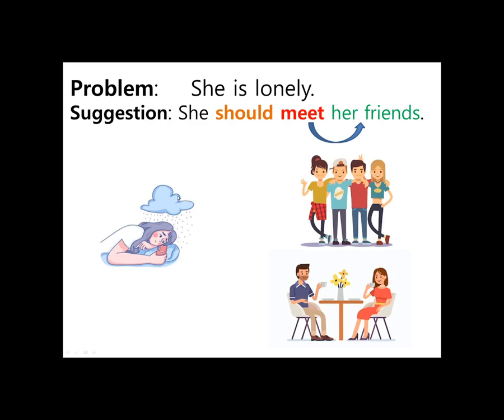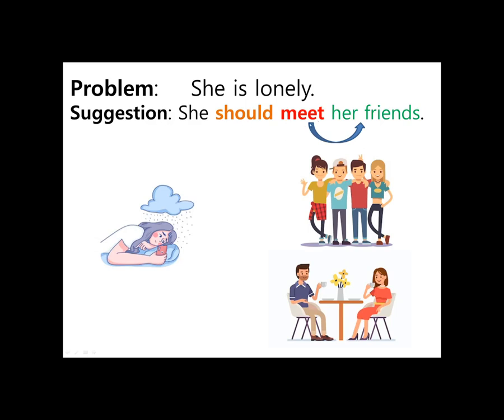Oh, problem. She is lonely. So our suggestion, our advice, our good idea, she should meet her friends. So she, subject, should, this is our suggestion word.